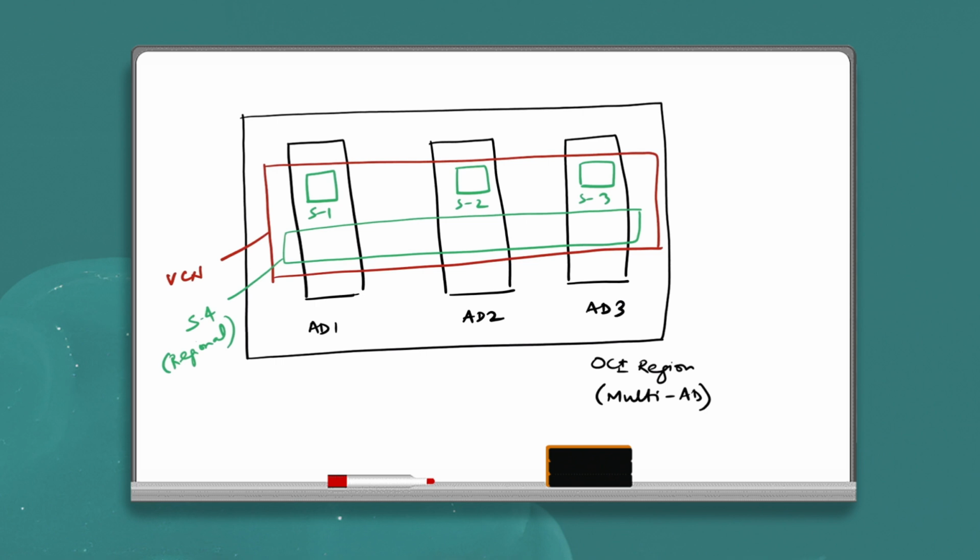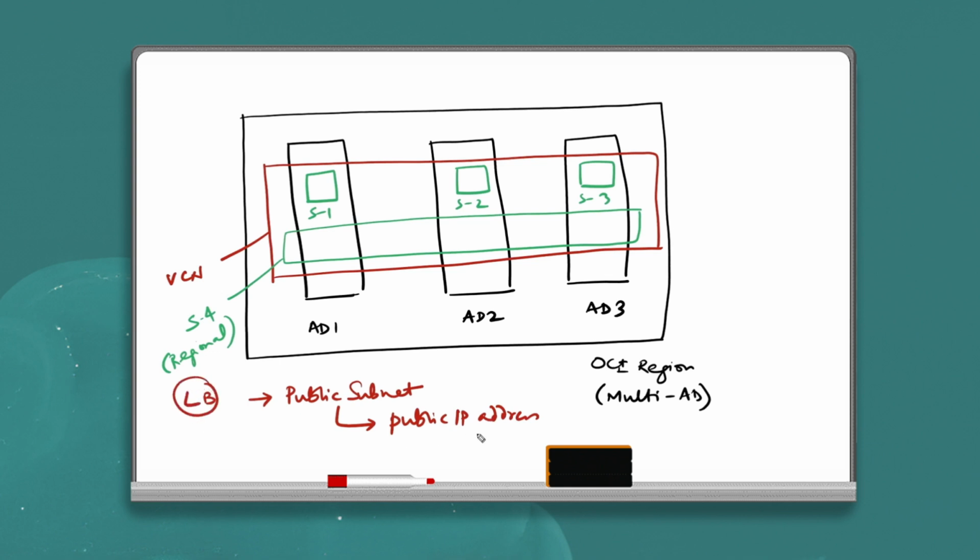So the public load balancer, first of all, you can create a public load balancer in a public subnet. You cannot create a public load balancer in a private subnet. And when a load balancer is created in a public subnet, that load balancer is going to have a public IP address.